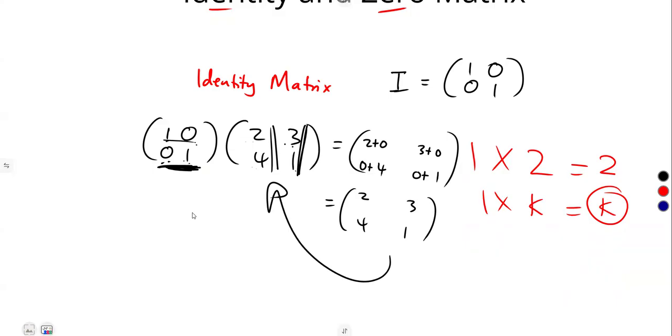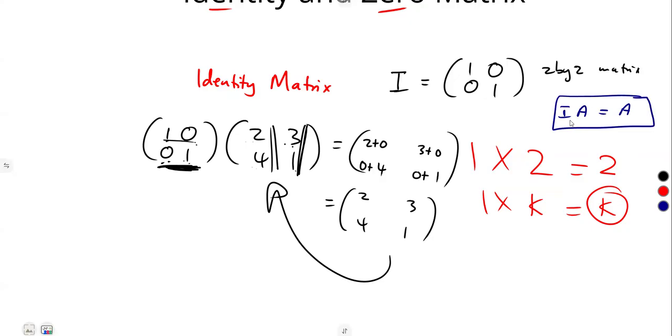So we can see that it is basically the same as 1 in mathematics. 1 times any number, you get that number. So for this identity matrix, which is a 2 by 2 matrix, if it is going to multiply another 2 by 2 matrix, we are going to simply obtain that matrix as it is.